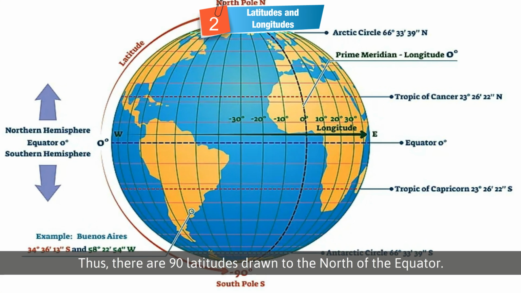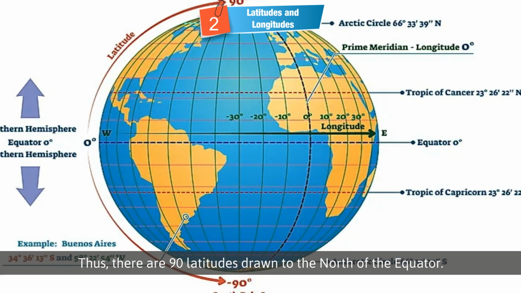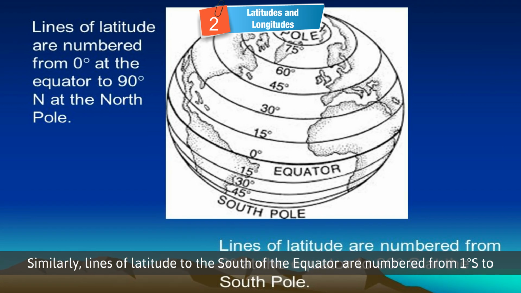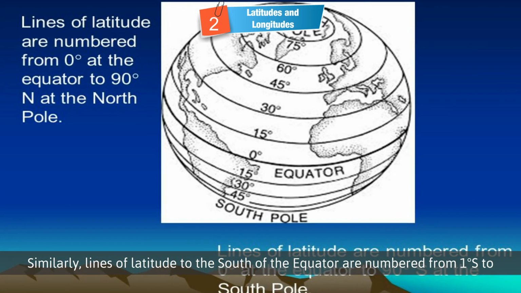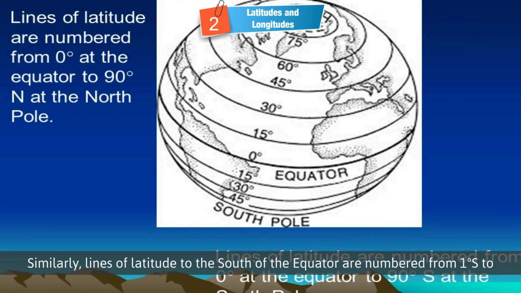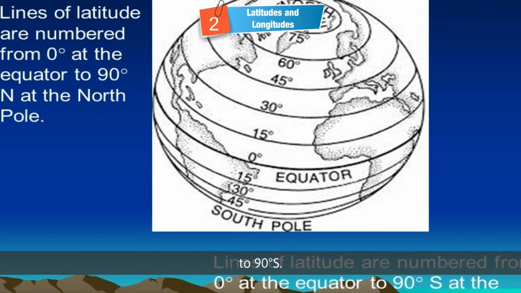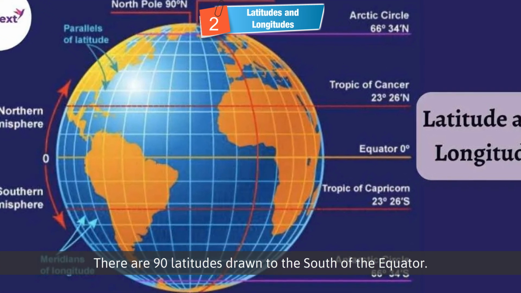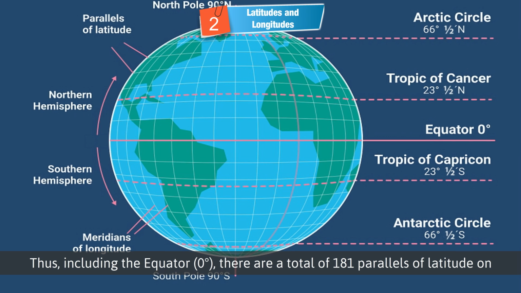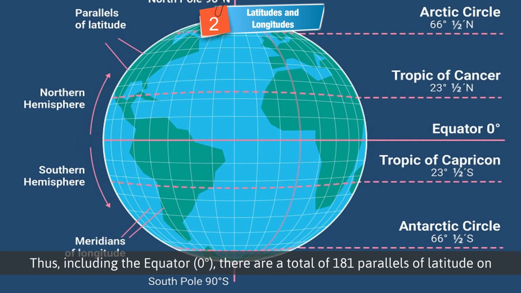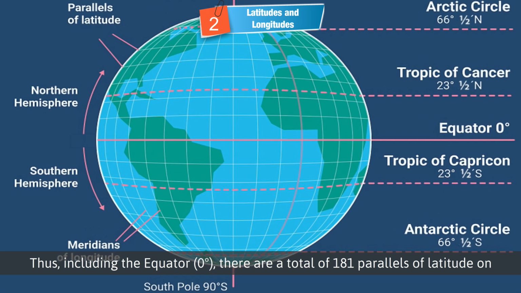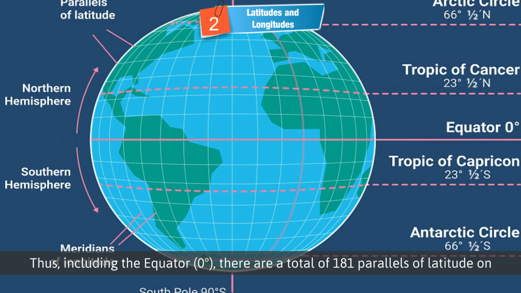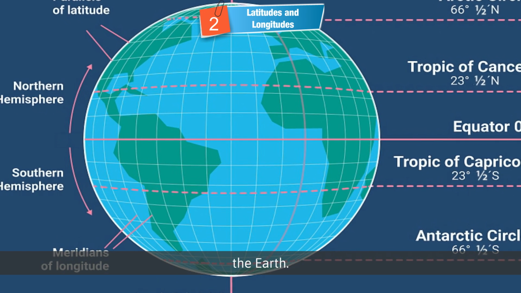Thus, there are 90 latitudes drawn to the north of the equator. Similarly, lines of latitude to the south of the equator are numbered from 1 degree south to 90 degree south. There are 90 latitudes drawn to the south of the equator. Thus, including the equator, 0 degree, there are a total of 181 parallels of latitude on the earth.